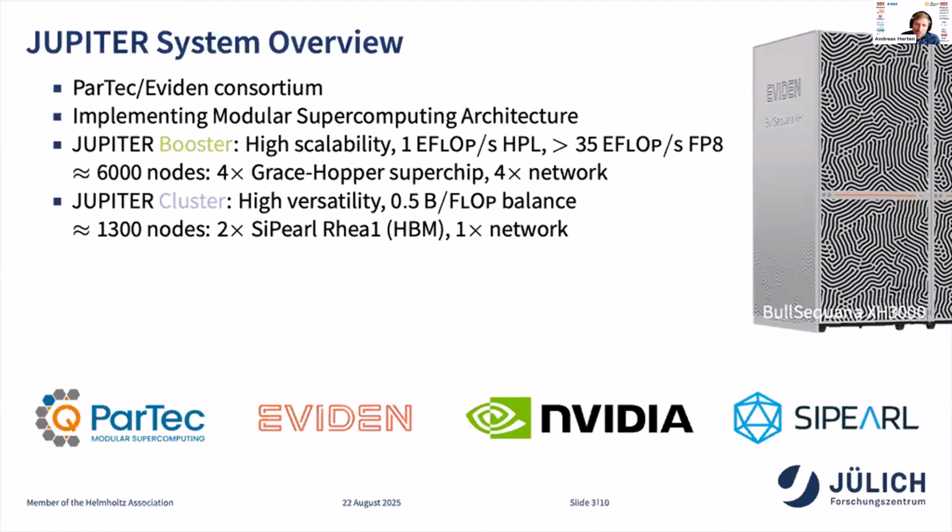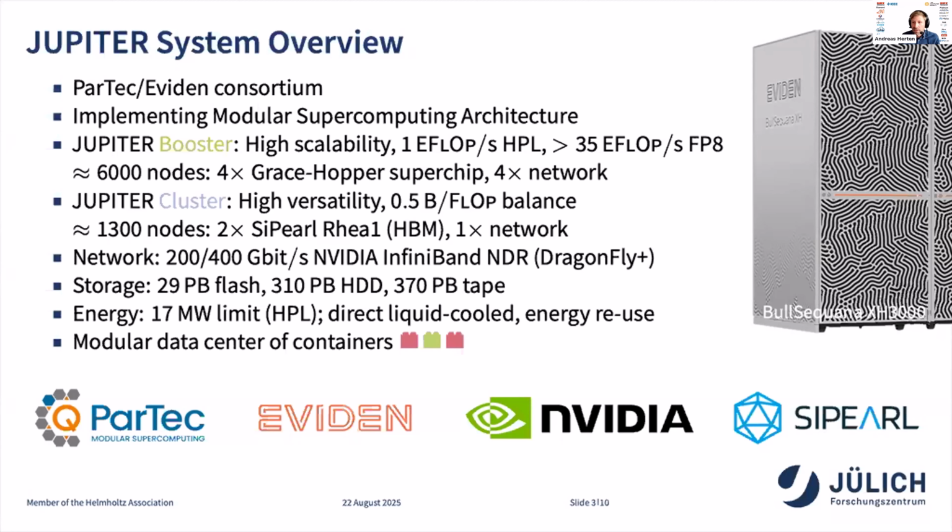There will also be a Jupiter Cluster, which is more focused on ARM CPUs, but we're not deploying this yet. The network is also from NVIDIA, like the Grace Hopper superchip, and we also have nearly 1 exabyte of storage on the system, all in a very tight energy envelope of around 17 megawatts when we run the HPL. It's a very efficient system, and we are quite happy to have this.